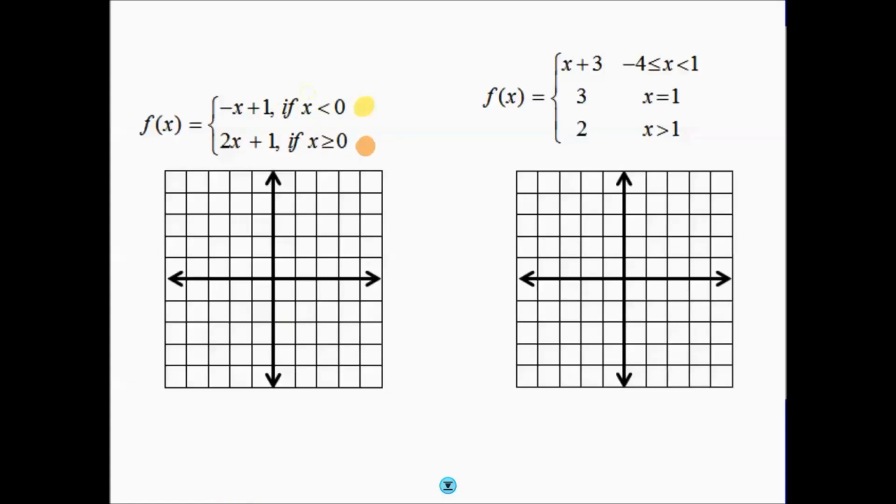So the first equation applies if x is less than 0. So I'm going to highlight that section of the graph. So that would be the left side of the graph. I'm going to color that yellow.